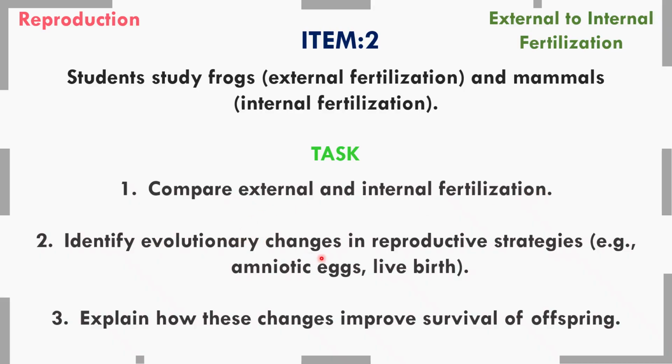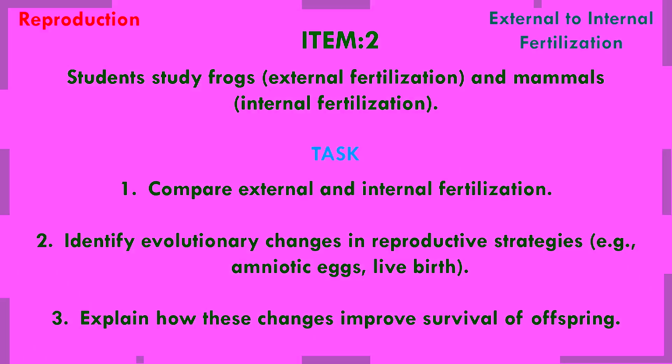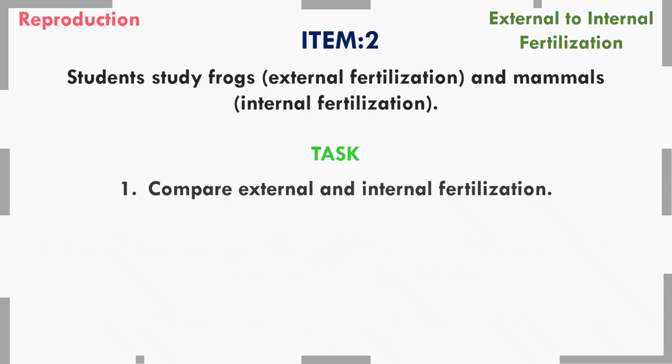Identify evolutionary changes in reproductive strategies. For example, amniotic eggs, live birth. Explain how these changes improve survival of offspring. Let's start with compare external and internal fertilization.